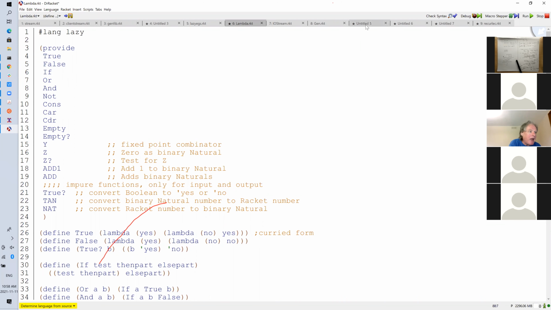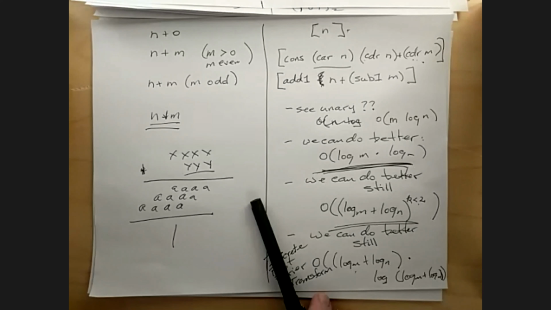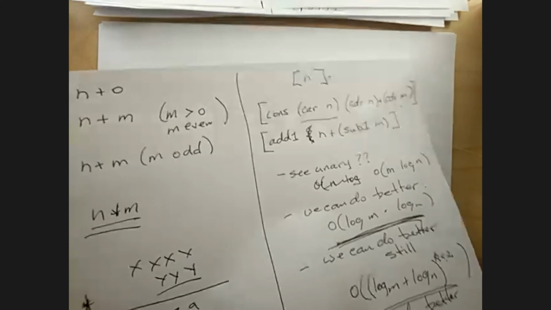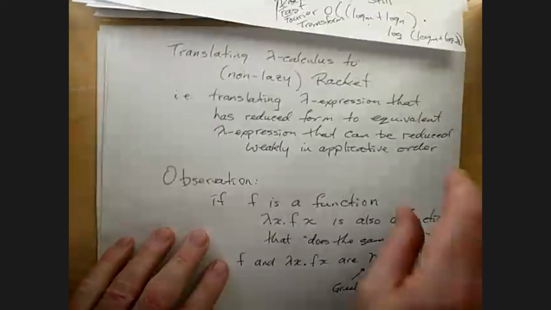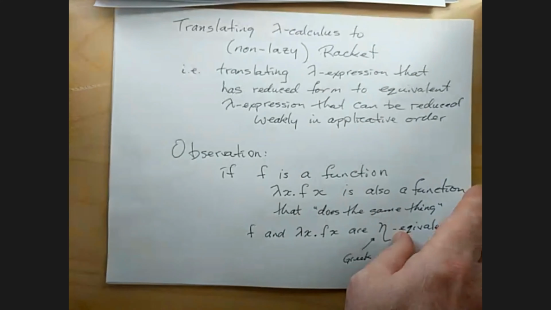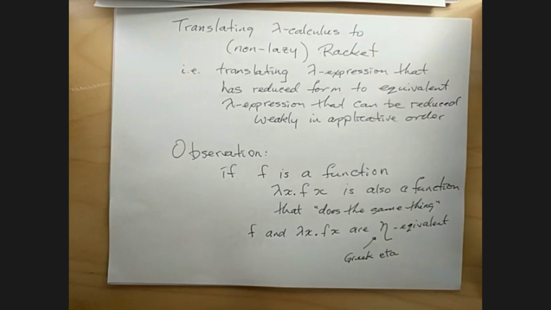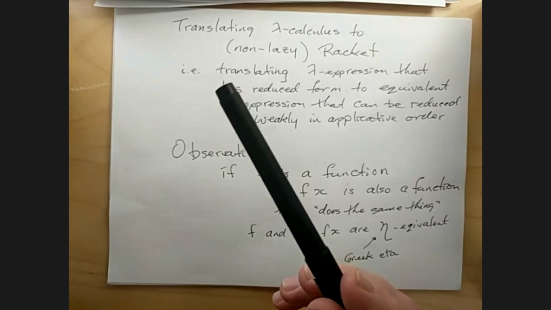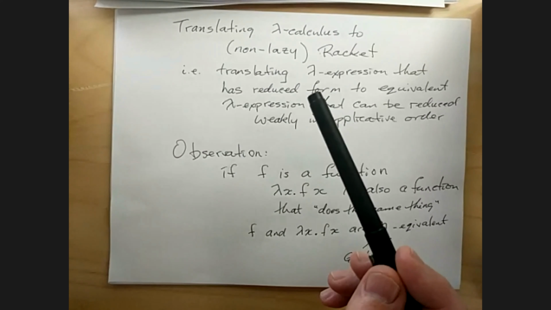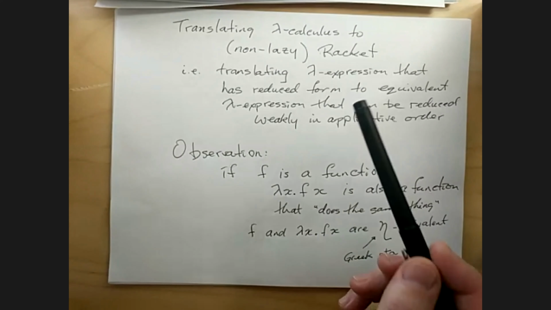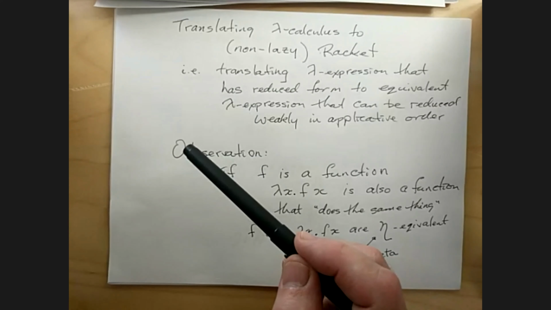Okay, let me go back and just have a parting shot on translating from lambda calculus to Racket. So far, we've talked about how to translate Racket into lambda calculus and how to translate lambda calculus back into lazy Racket.